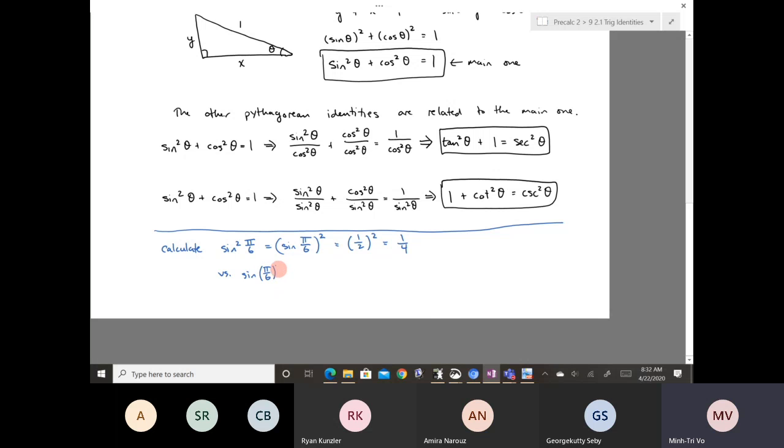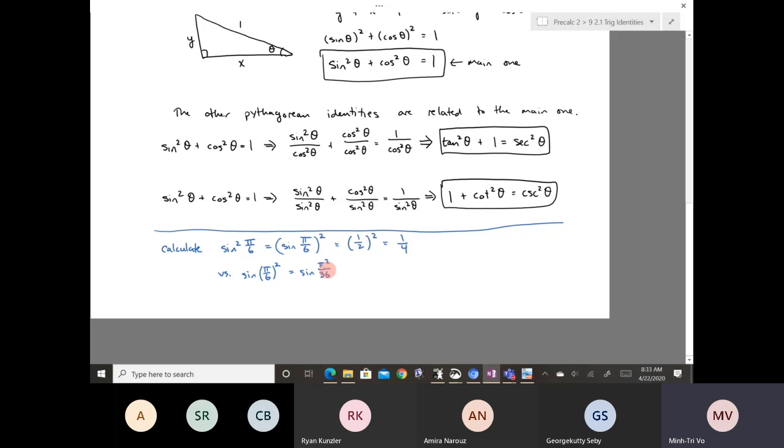Whereas if I write out sine pi over 6 squared like this, you follow the order of operations where the pi over 6 is being squared first, and then the sine is being applied to the result of that, right? So this would mean sine of pi squared over 36.